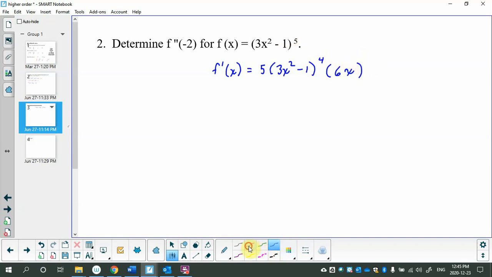And because we have another derivative coming, make sure that you do, in fact, multiply your monomials together. It'll make your work less in the end. So 5 times 6 is 30x, and then bracket 3x squared minus 1 to the 4.